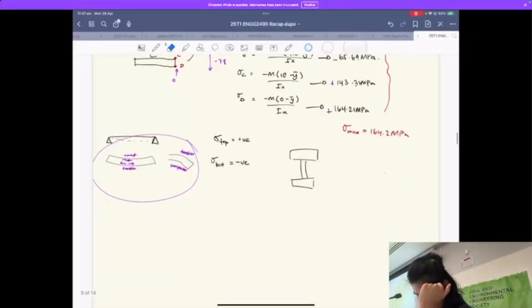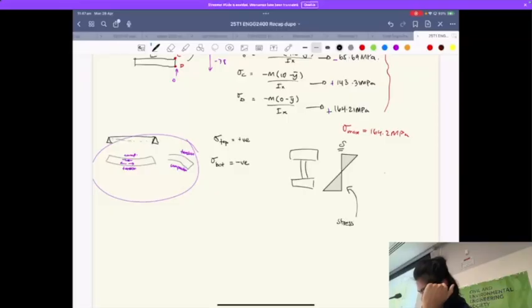Essentially, when you're drawing a stress distribution, it's the triangle stuff that you guys probably have looked at, but you might not know what it particularly means. Do you guys get the idea of what a stress distribution is?